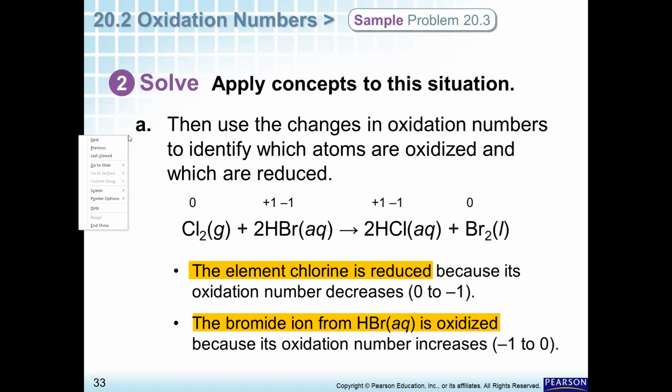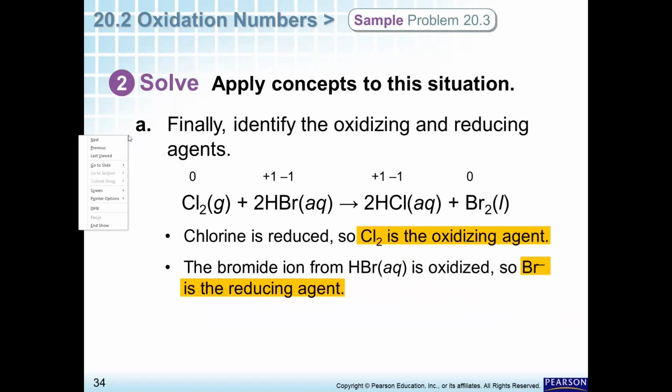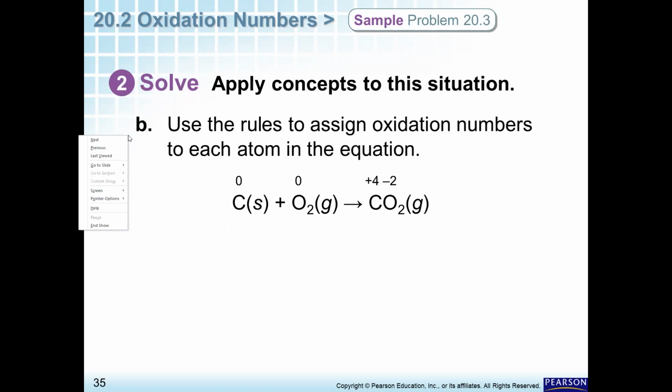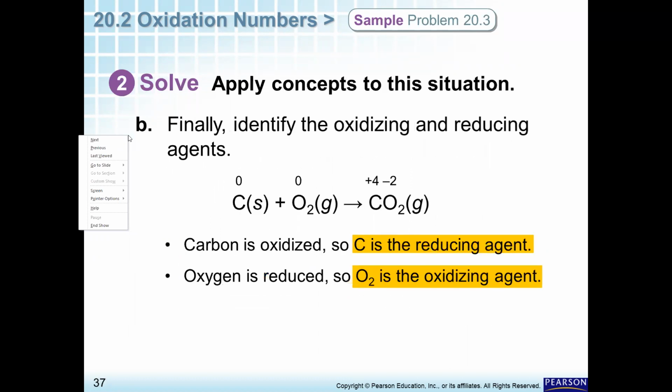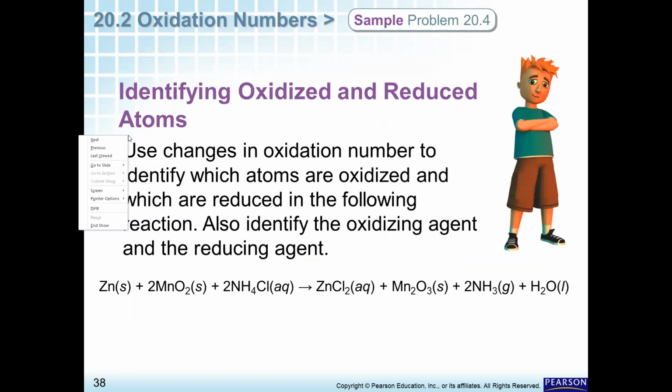Because we were minus 1 and became 0. Clear? The oxidizing agent and reducing agent is an easy topic. 0 and 0, plus 4 and minus 2. Carbon has been oxidized, oxygen has been reduced. Carbon is the reducing agent and oxygen is the oxidizing agent. And we are done with this example. Here's another one.